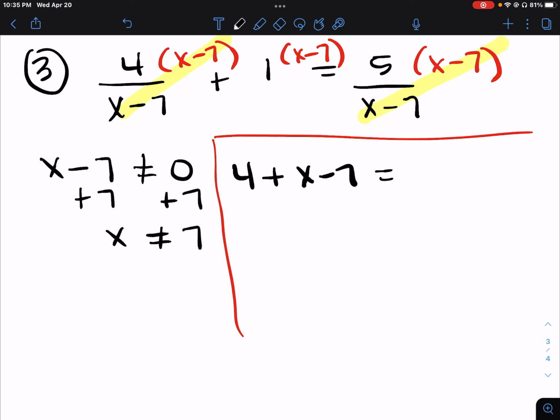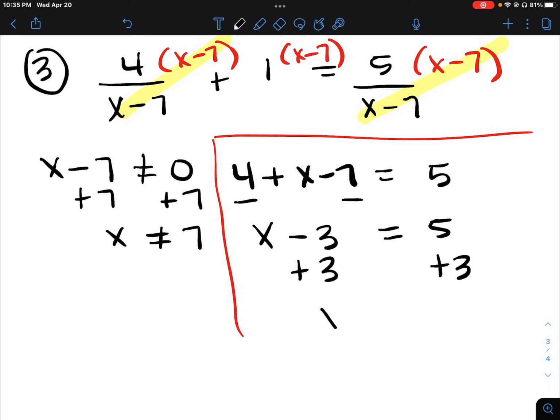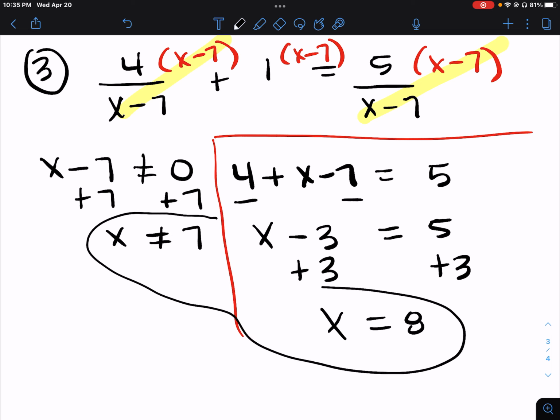And on the right, those canceled, so we just have 5. 4 minus 7 is minus 3, and add. Okay, so here's both parts of your answer.